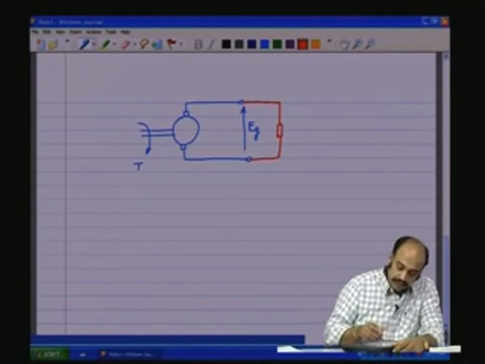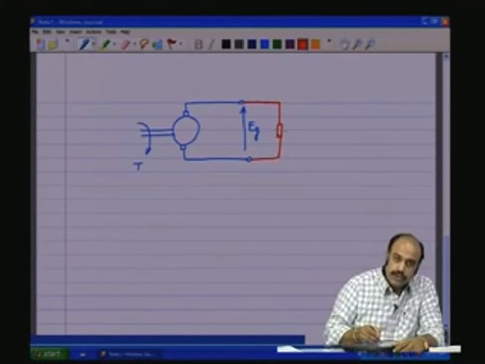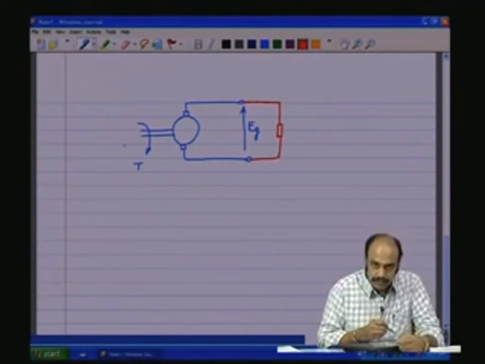that loading effect on the electrical side should percolate back and get reflected on the mechanical side, so that you draw more energy.